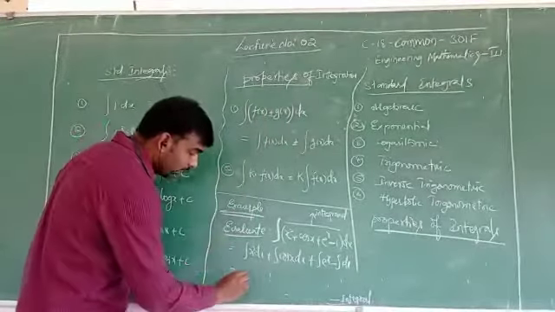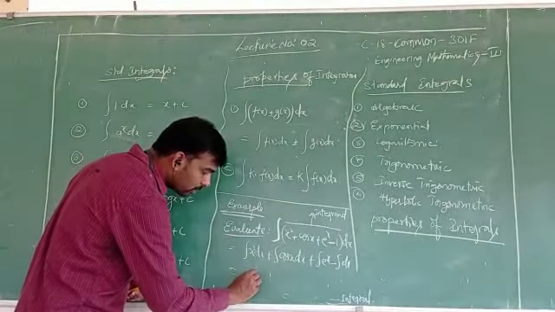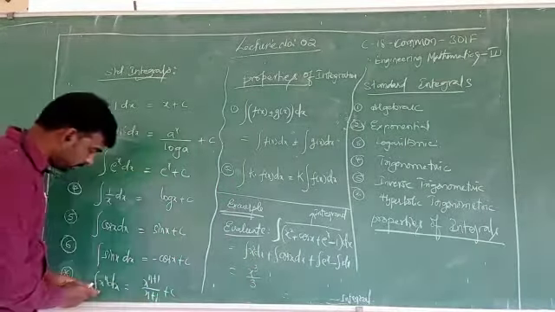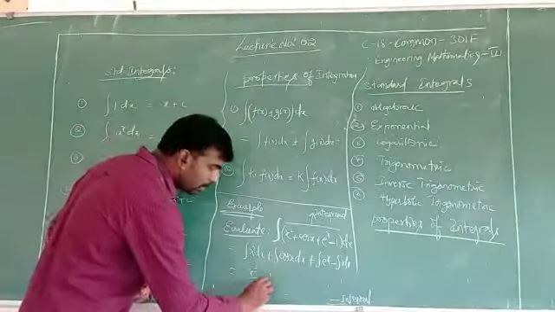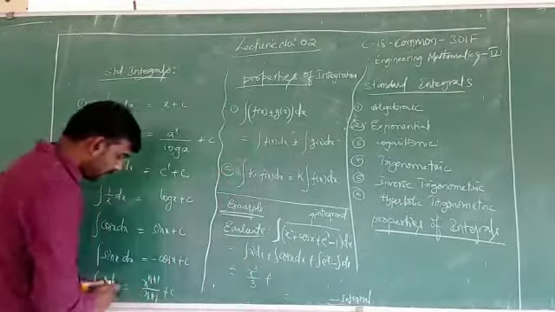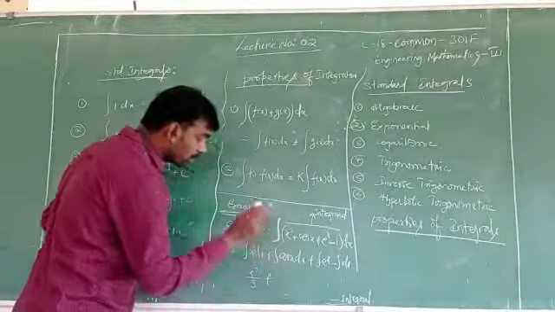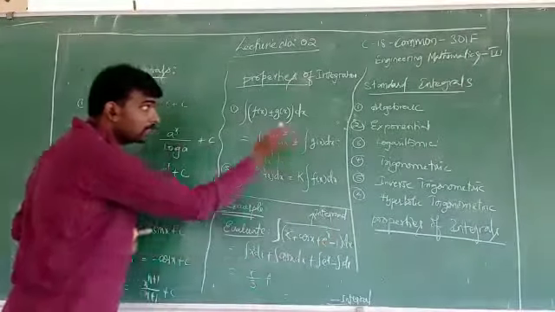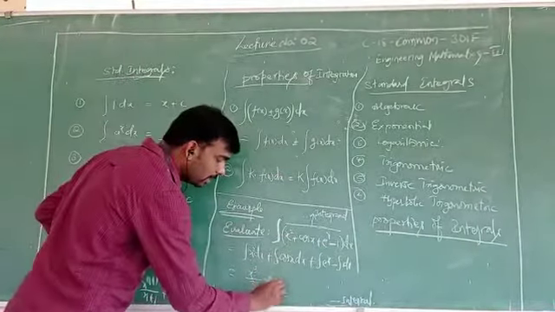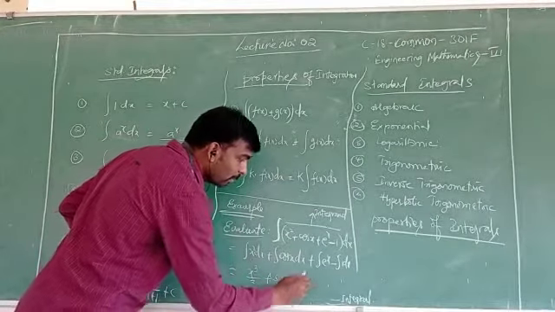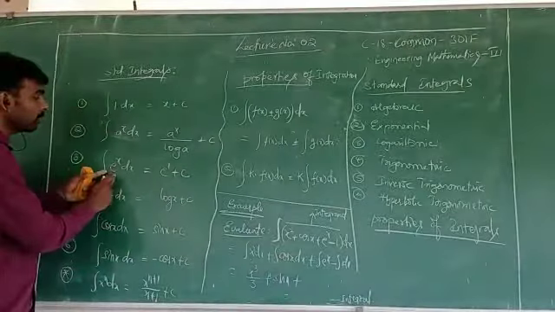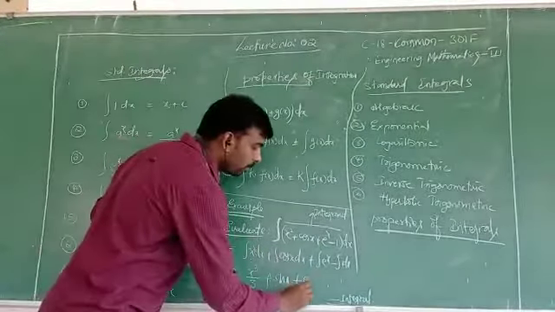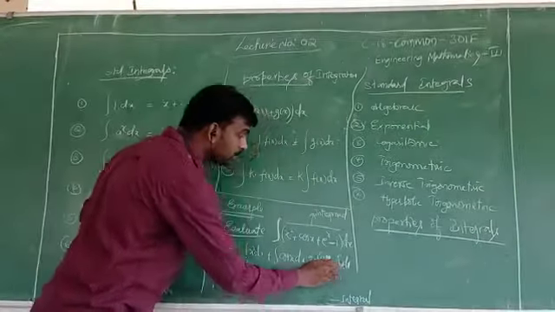So x square becomes x cube by 3 by this property, plus by standard integrals, cos x integration is sin x, plus e to the power of x. What is the integration of e to the power of x? e to the power of x, minus 1.